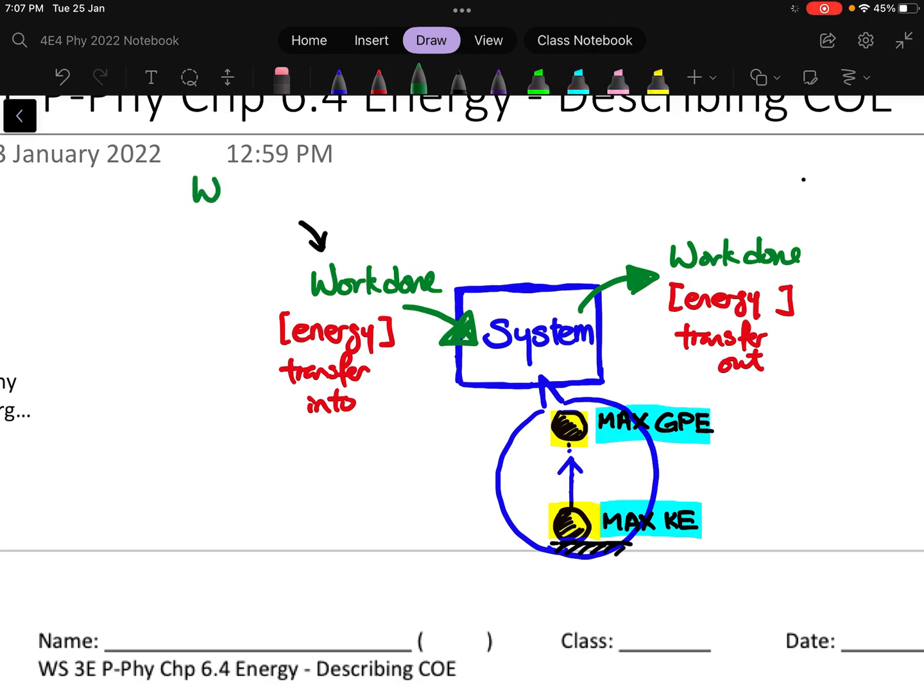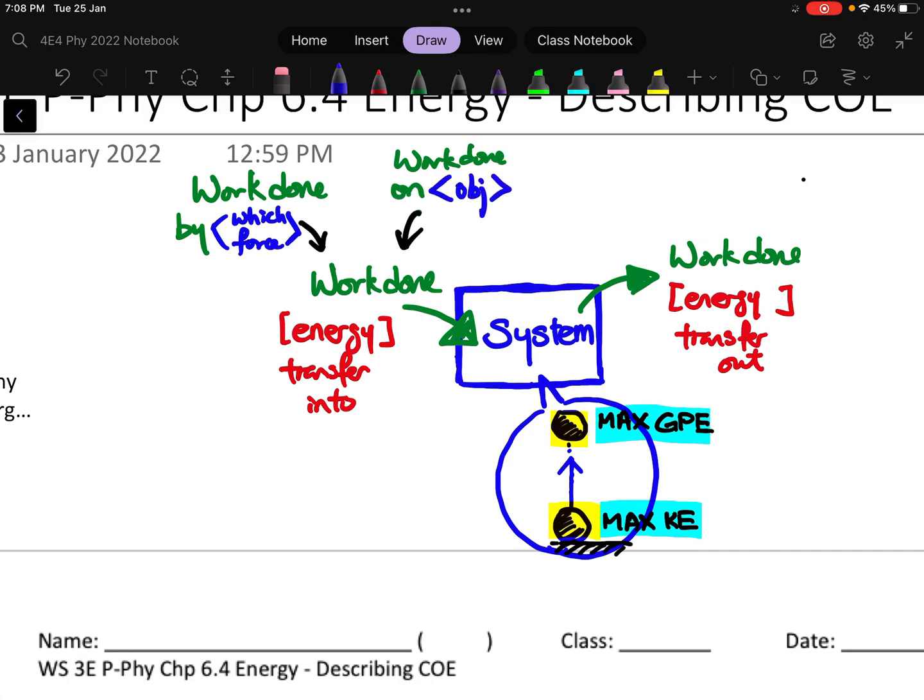Most of the time, when you want to use the term work done, you have to tell me, let's say this case is a transfer in, work done by which force? Or if you do not want to refer the work done to the force that has created it, you can phrase it as work done on a particular object.